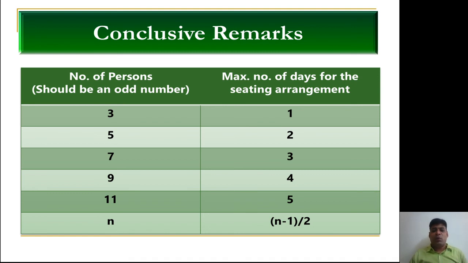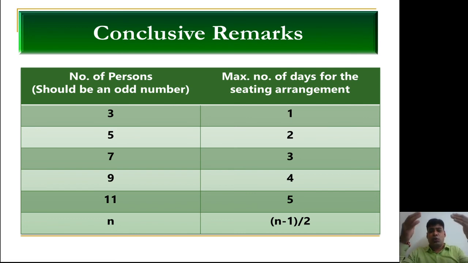For 9, we have worked out 4, and for 11 we can analyze K11, and it would have the number 5. Now what is the general number? For 3 persons there is 1, for 5 it's 2, for 7 it is 3, for 9 it is 4, and 11 is associated with 5.